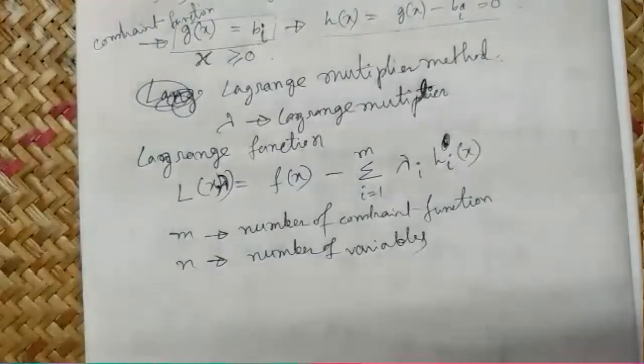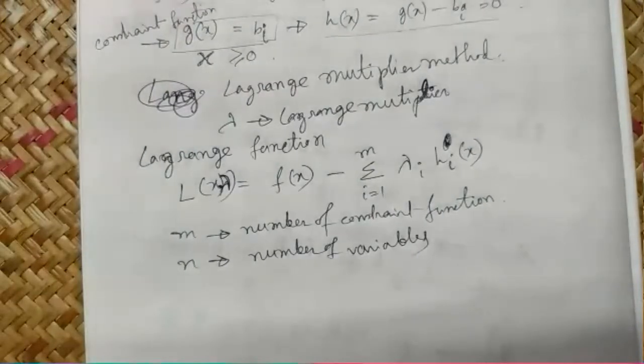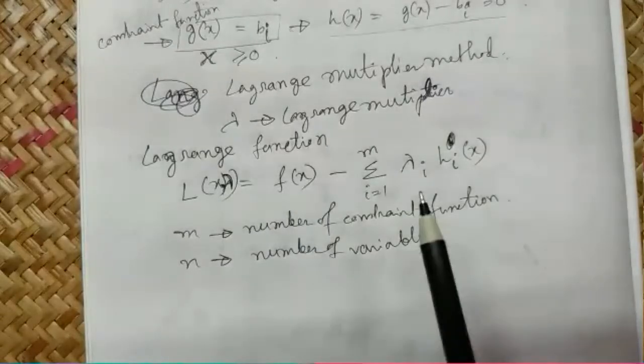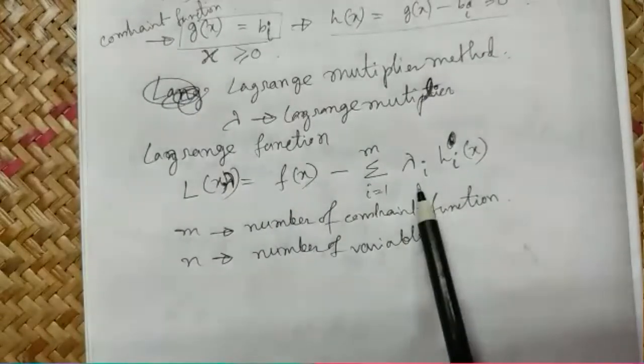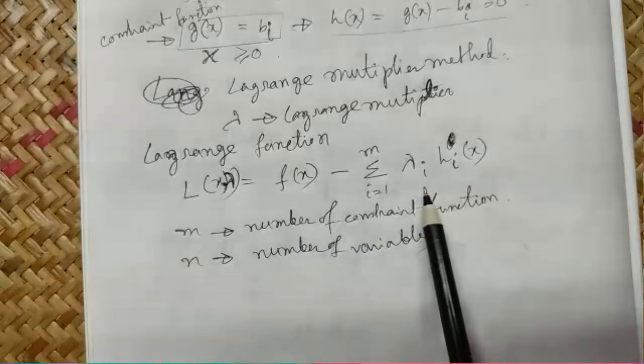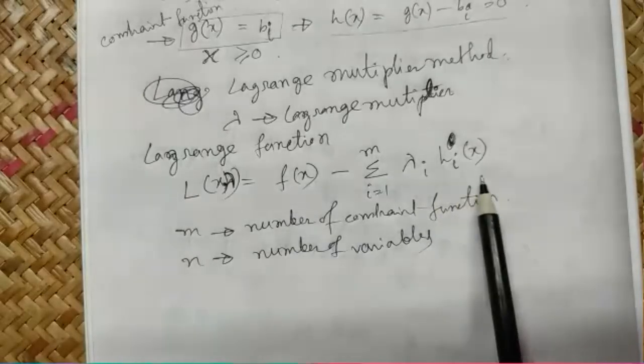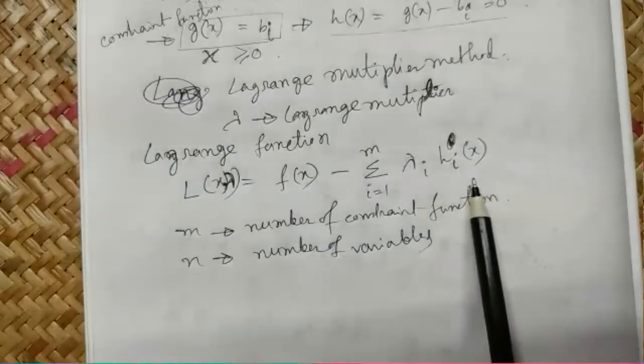So this denotes, if there are two constraint functions, then there will be lambda 1 and lambda 2, and h_1(x) will be the first function, h_2(x) will be the second constraint function.